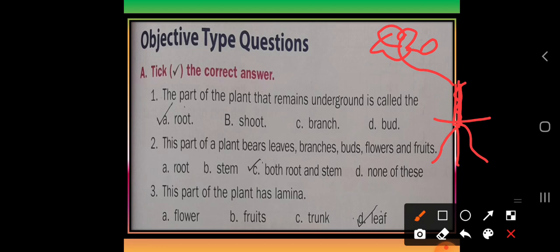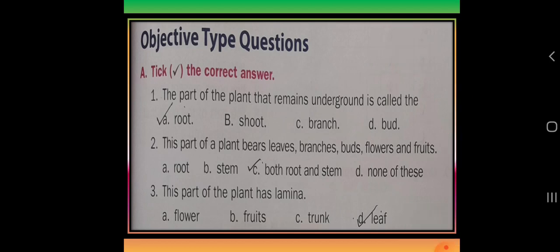This part of a plant bears leaves, branches and buds. Three things you must know. Does only the root contain these things, or does the stem contain them? No, both root and stem bear the leaves, branches and buds. So the answer is option C.